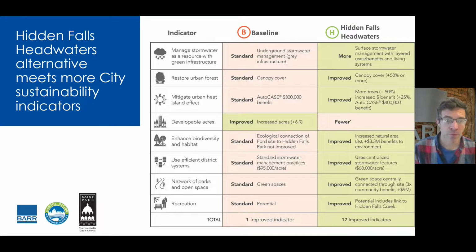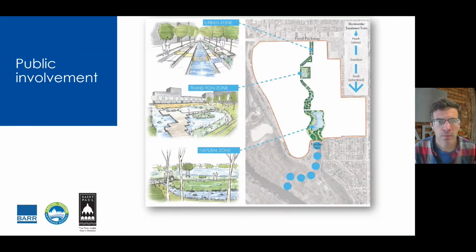But the only reason for that is that if all of the stormwater management on the baseline or site-by-site level is handled underground, they counted parking areas above underground stormwater management practices as developable acres. So even there, that's kind of a wash. In terms of the building square footprints, there was no difference between the two alternatives.